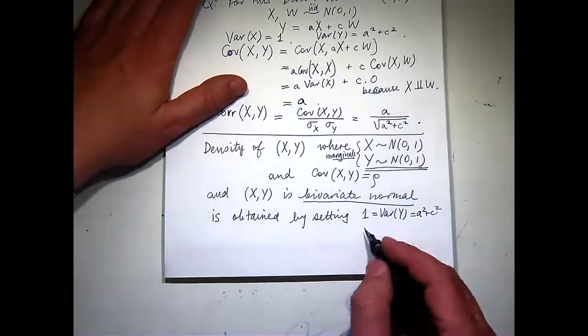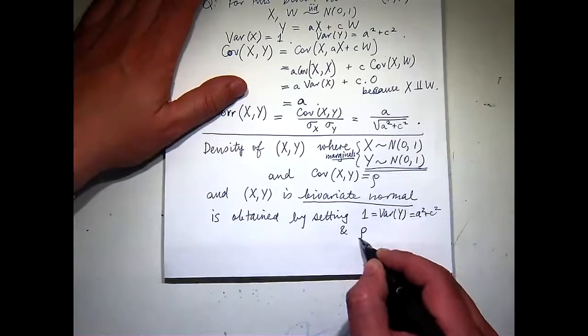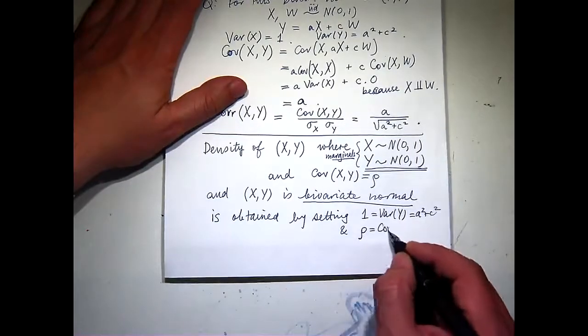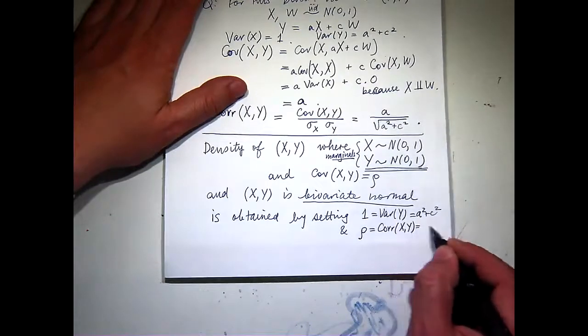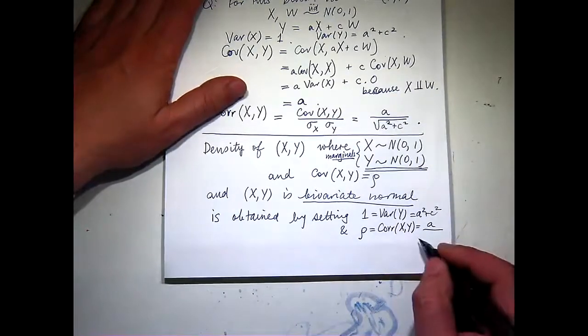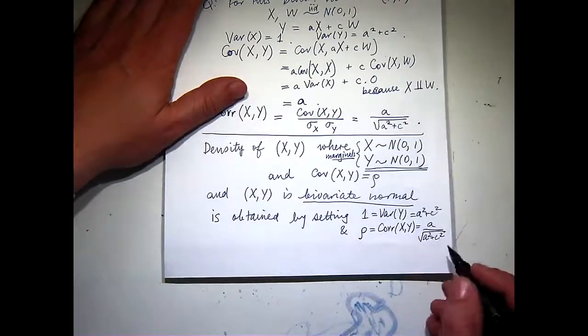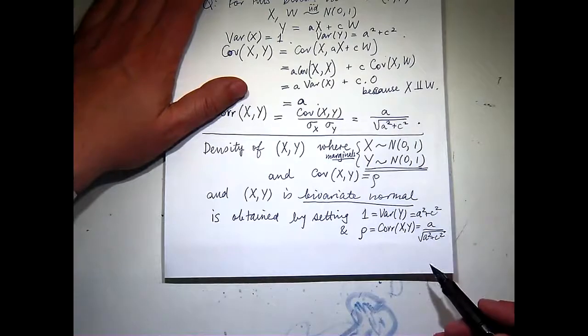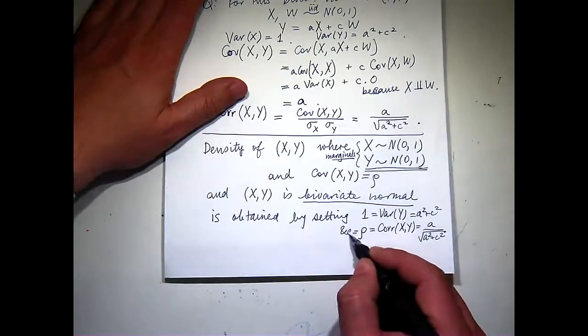And also, rho is this given value, which is the correlation of x and y, and that is, as we said, a divided by the square root of a squared plus c squared. But of course, 1 equals a squared plus c squared. So rho equals a, in other words.